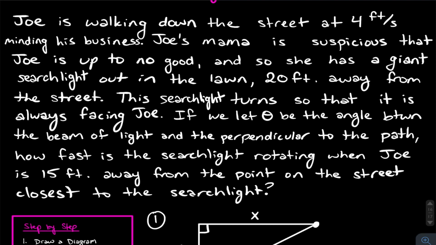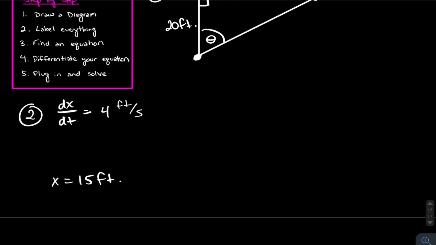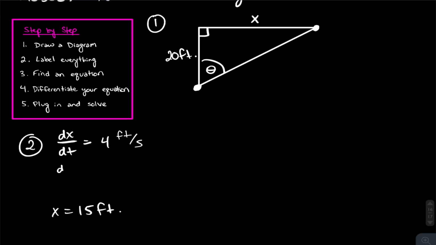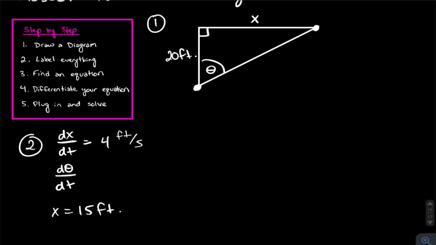We want to find how fast the searchlight is rotating. How fast something rotates is going to be a change in an angle. That's going to be how theta changes in time, d theta dt, and that's what we're trying to find here.